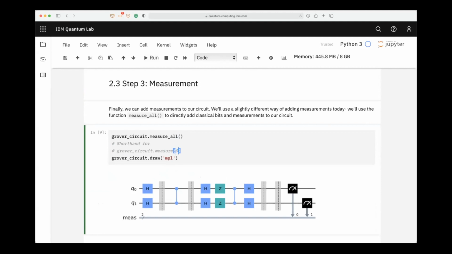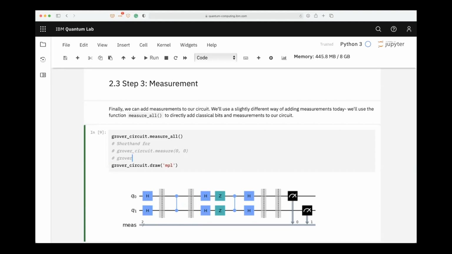So here we would measure qubit 0, store it on classical bit 0, and then we do another measurement, circuit.measure, qubit 1 into classical bit 1. And so this kind of pattern of measuring qubit I for any I and storing it on classical bit I is so common that they have just a shorthand for it. You can just do measure all.